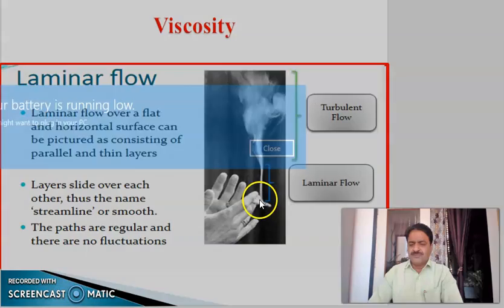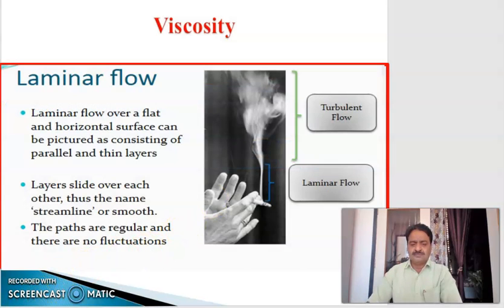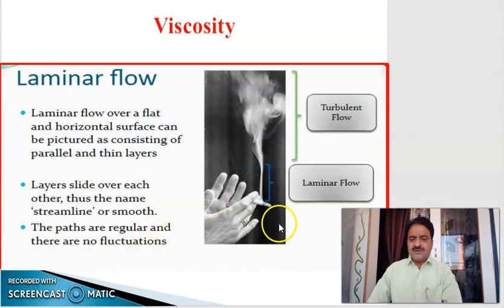Such type of flow of smoke from this position to this position, shown by this bracket, from this to this, shows the streamline flow, or we say laminar flow.